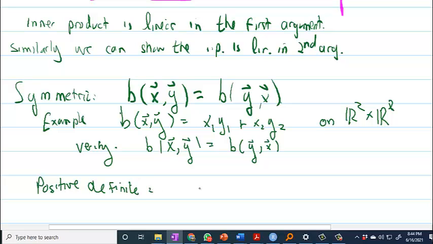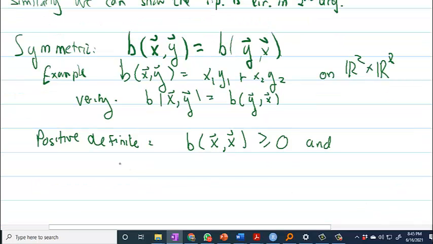And this property can be expressed as b of x with itself. Remember, I have two vectors as my arguments of b, so I can take b of x with itself. That's going to be greater than or equal to 0, and b of x, x equals 0 only if x itself is the zero vector.